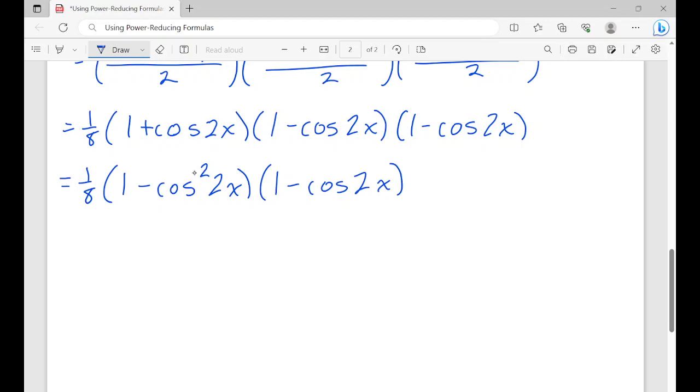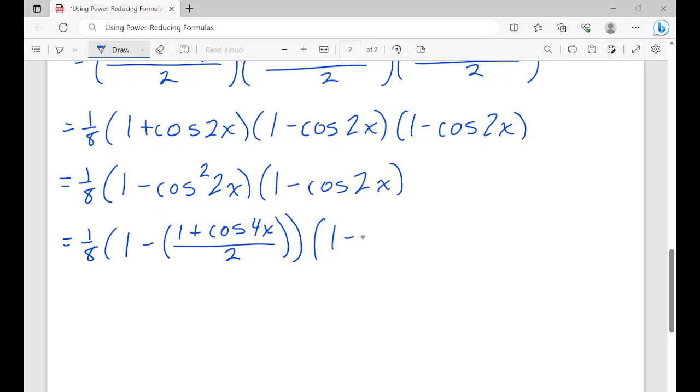And this again is a power reducing formula I can use. And again, it's going to give me 1 minus, and I'm going to be careful here because of the minus, I'm going to use another parentheses, 1 plus cosine 4x over 2. It's a 4x because we have a 2x here, so it's essentially double to the next step.